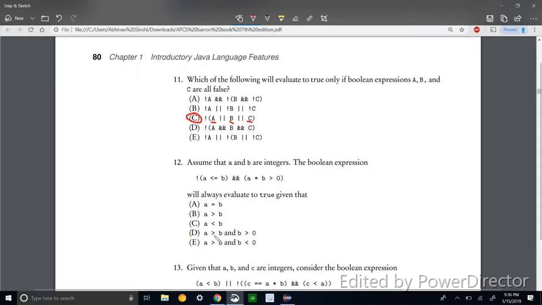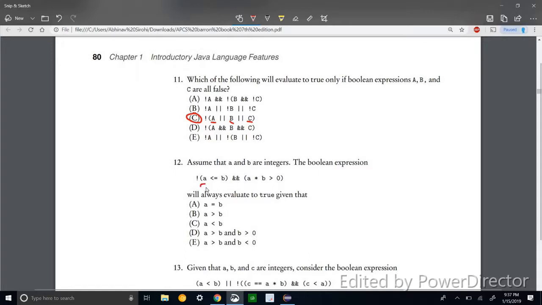And so for the left side, A has to be greater than B in order for this side to be true, because when A is greater than B, the inside becomes false, and the not makes the left side true.